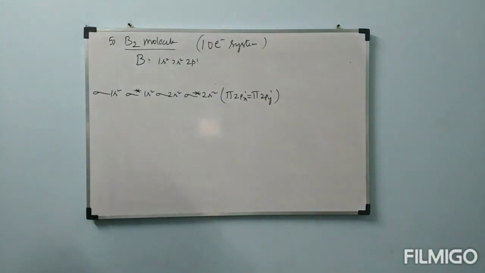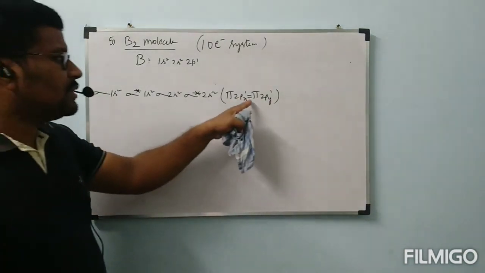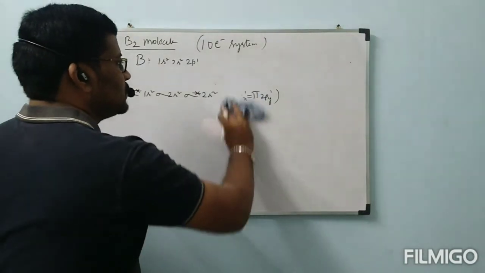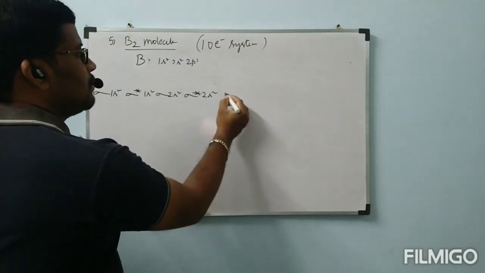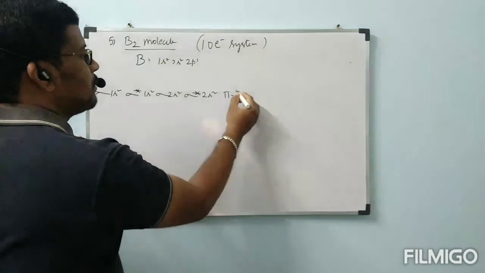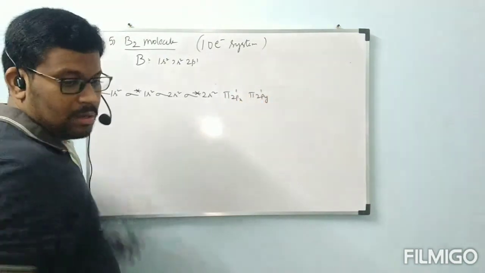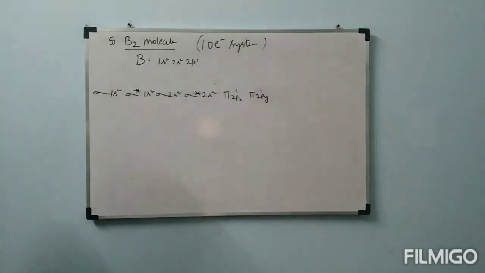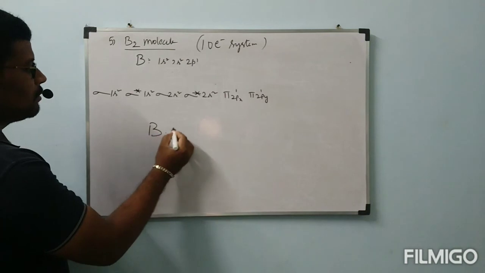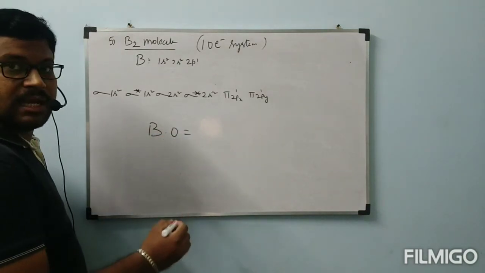Even if you don't represent this equally, no problem. Simply you can write pi 2px1, pi 2py1. Okay? Now, bond order is equal to Nb minus Na by 2.